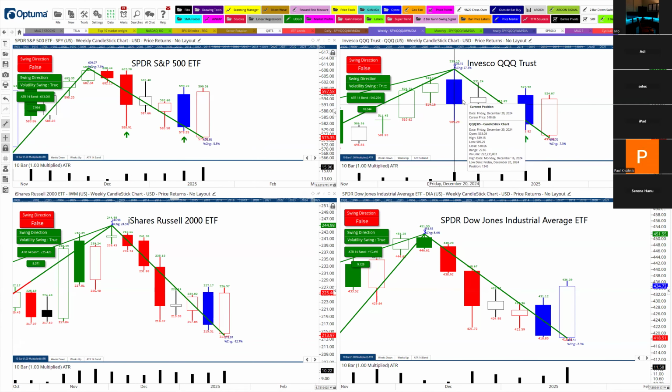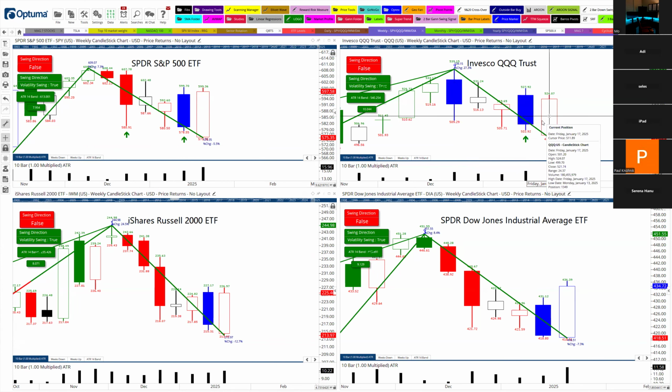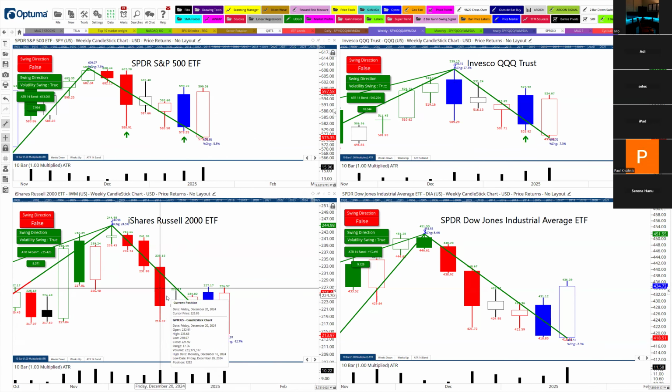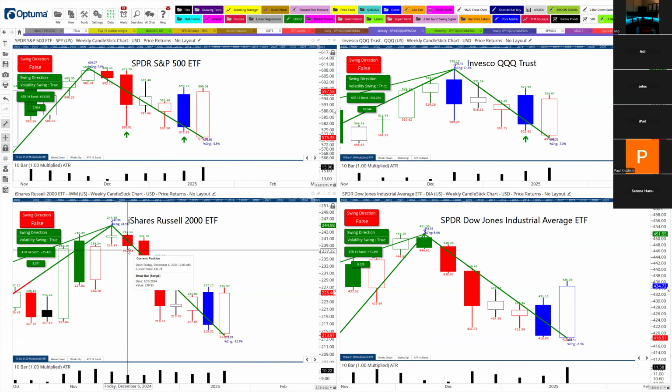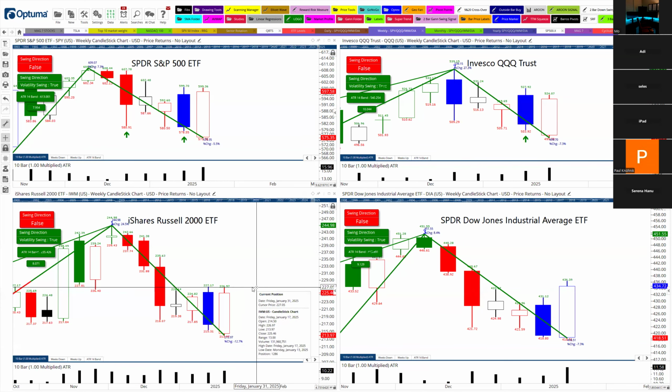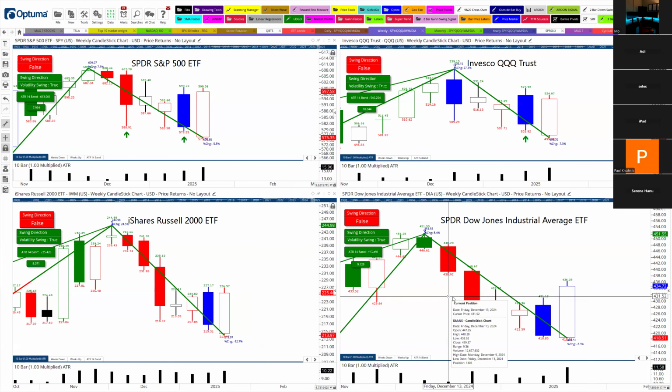Look right there. One, two, three, four, five. Don't have a higher high either. Look at this one. One, two, three, four, five, six, seven. Gone to seven, still don't even have a higher high yet. One, two, three, six, 6 weeks here.